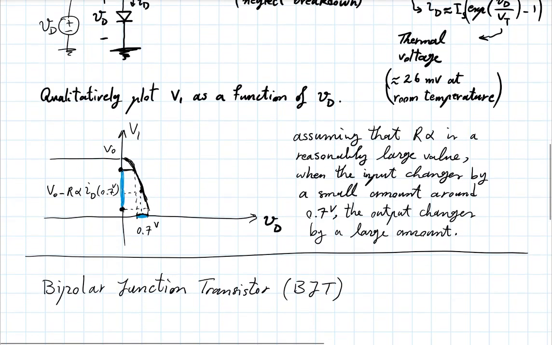If you had chosen R and alpha, the parameters, such that R times alpha was a reasonably large value, then with a small change around the input voltage, around 0.7, you would get a large change in the output voltage. So you are amplifying the variations of the input voltage at the output.